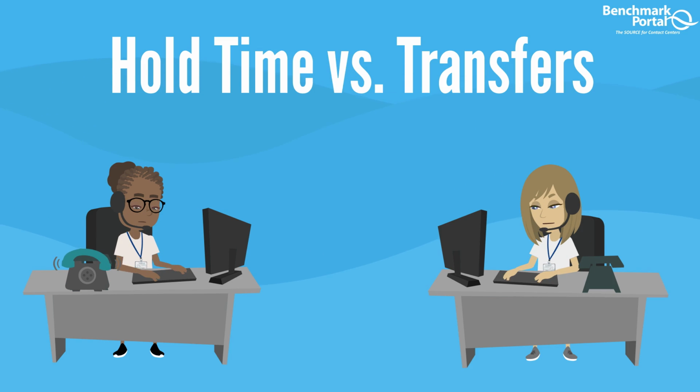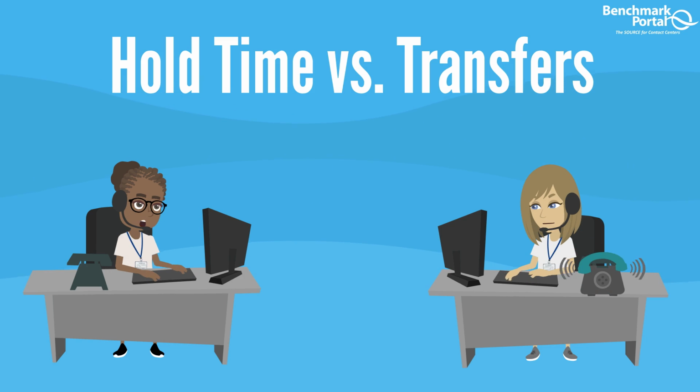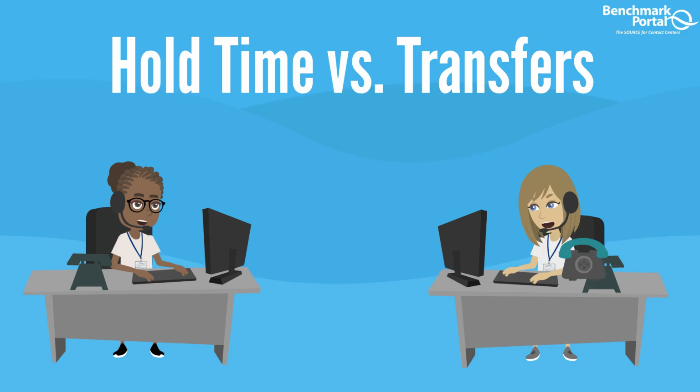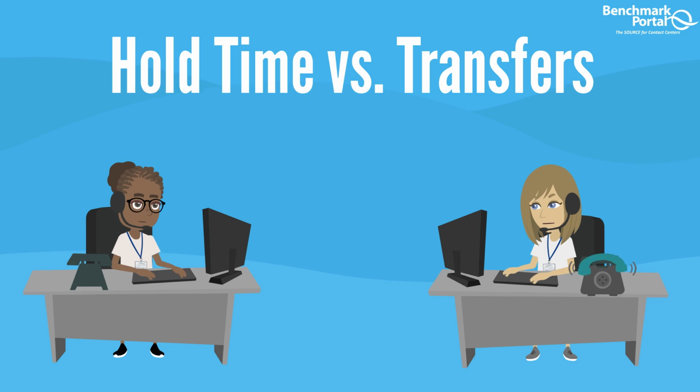These decisions are often a function of agent training and tenure. High turnover, low tenure centers may tend to have their agents transfer difficult calls to more experienced employees rather than having the frontline agent use hold time. Centers aiming for higher skilling and longer tenured agents will favor holds over transfers where this is possible.